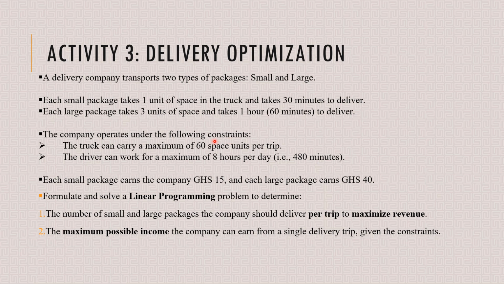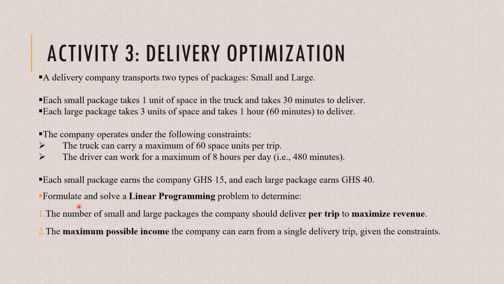And we also have the constraint for the hours for the small and the large packages to be transported per day, which has also been given to you. So you need to understand these constraints, write your constraints, and use the same principle to find the best solution to answer these questions.